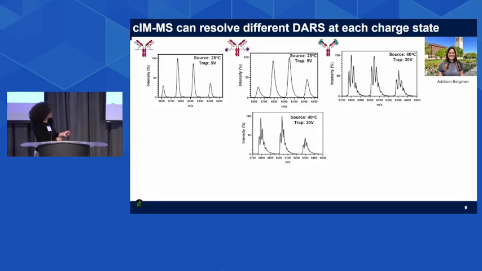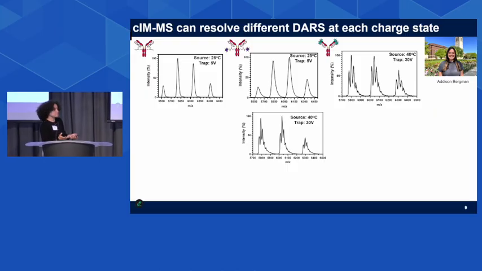And so, because we're interested in studying the structural impact of this, we wanted to make sure that we were not impacting our ability to see these ions in a native-like state.